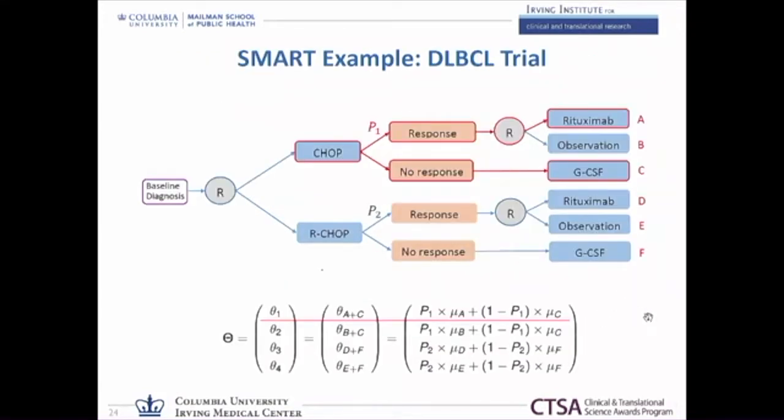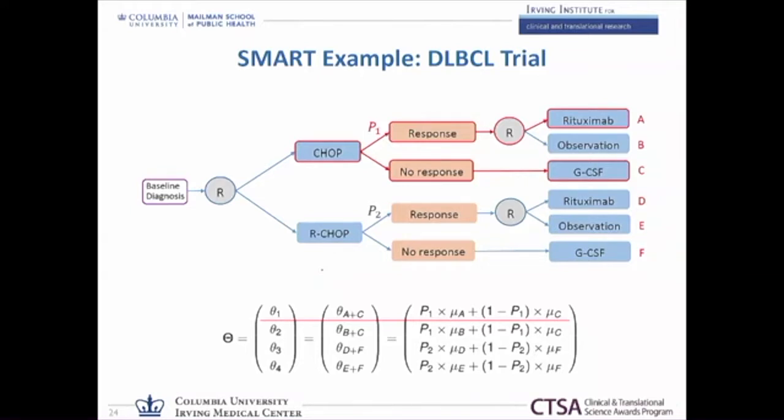Now, let's take a look at the lymphoma trial example. Suppose we are interested in calculating the value for adaptive intervention A plus C. We have two treatment sequences here, sequence A and C. So we have two sequence-specific means, denoted by mu A and mu C. Let P1 be the intermediate response rate following CHOP.